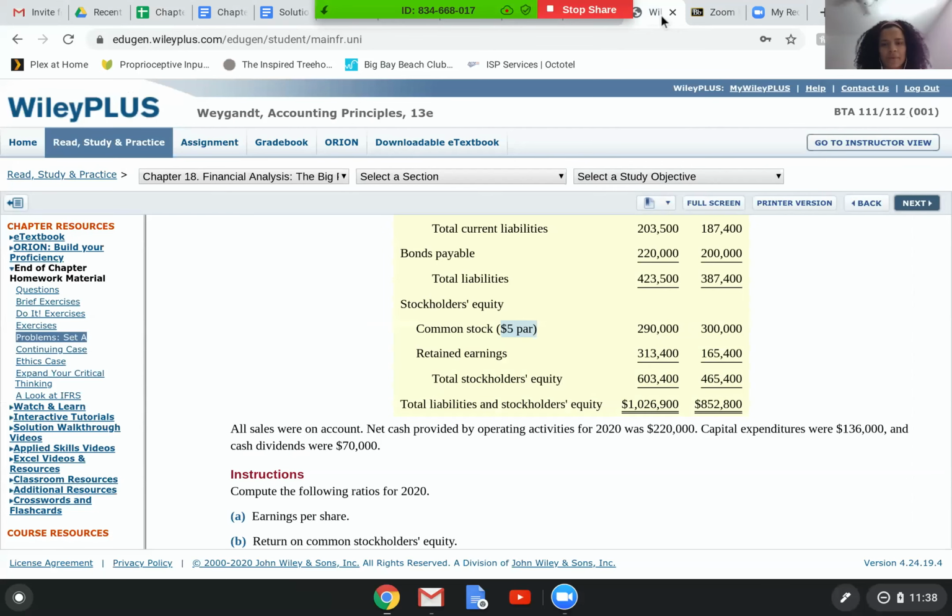So they're averaging both years. When I say both years, they want you to calculate the number of shares for 2020 and the number of shares for 2019 and average them out as the weighted average number of shares.